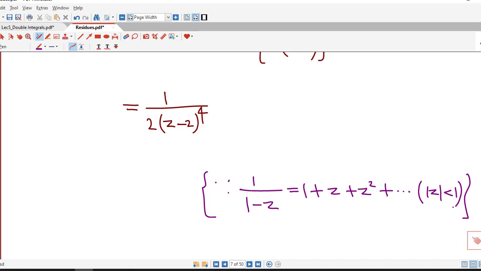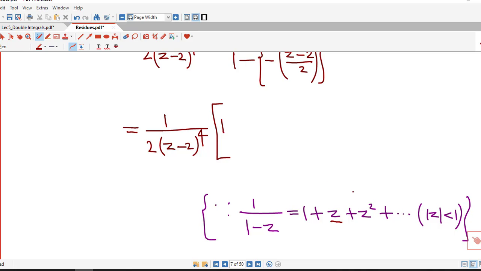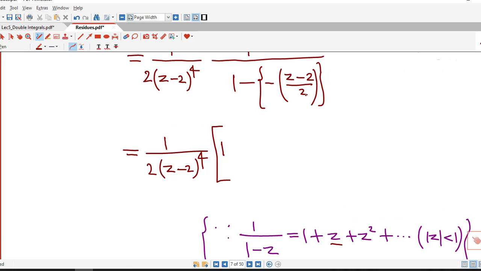Here we have |(z - 2)/2| less than 1, and therefore |-(z - 2)/2| is also less than 1. So we can use that Maclaurin series expansion by replacing z by minus (z - 2)/2.